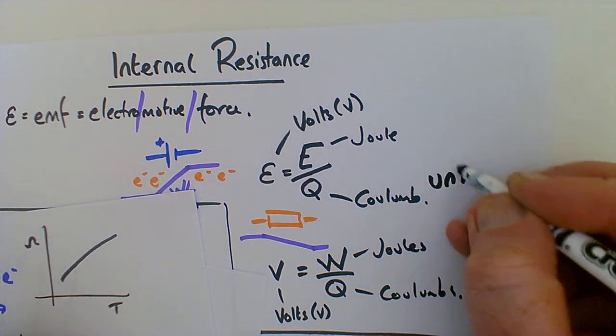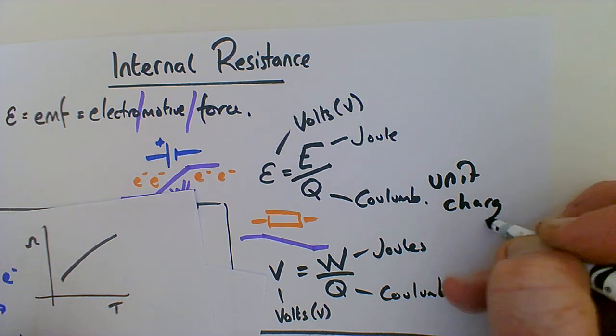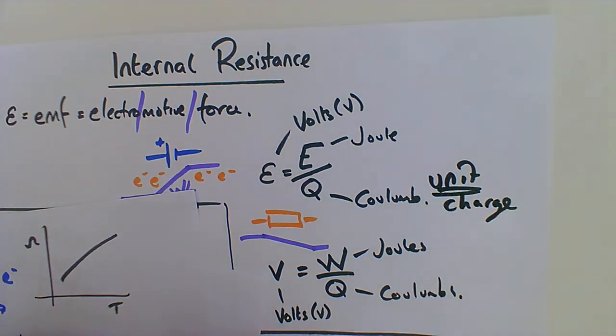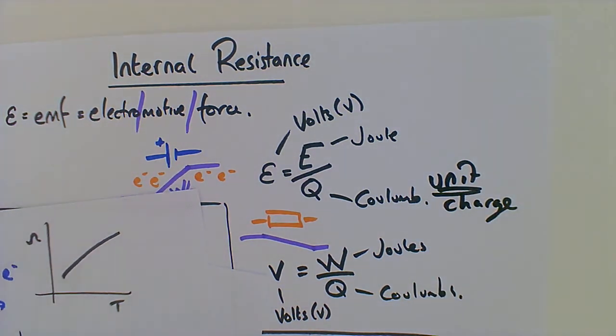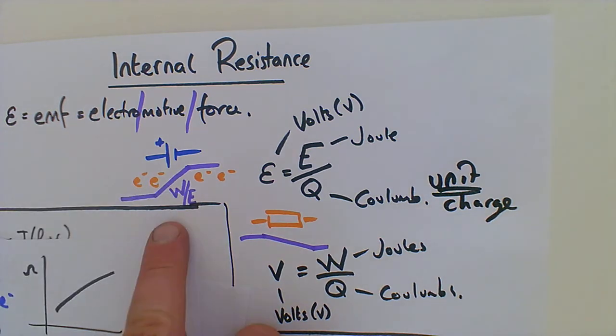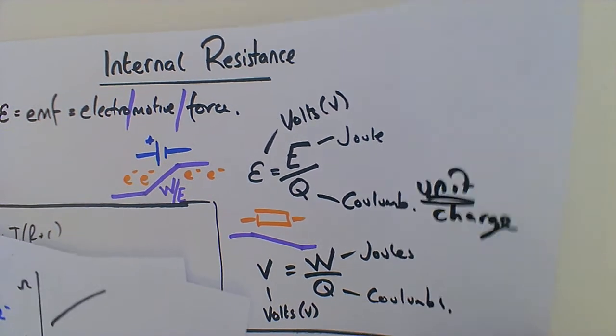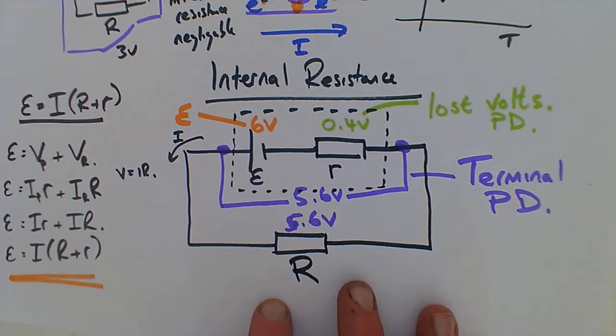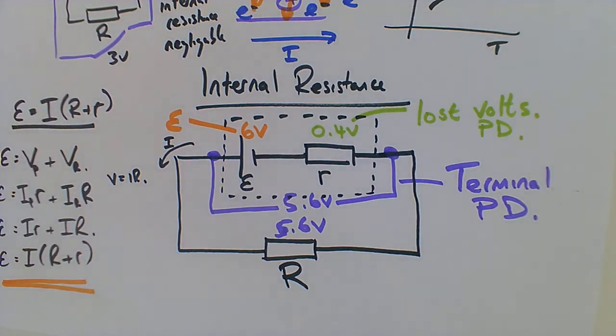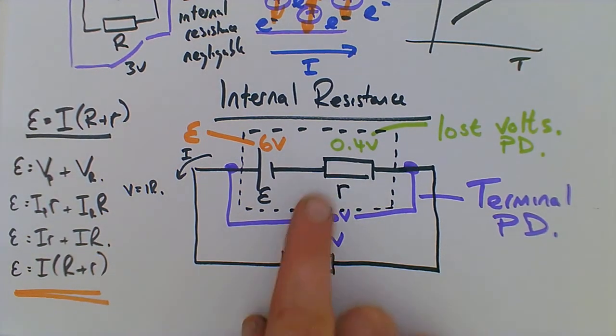Don't just put charge, because 1 unit is 1 coulomb. And it's the energy gained as it pushes it through the cell, which is then used around the circuit.